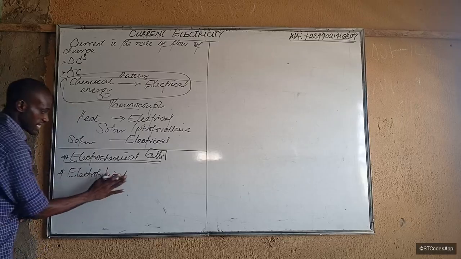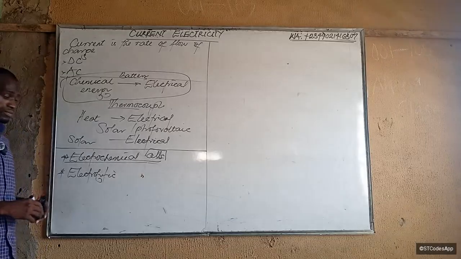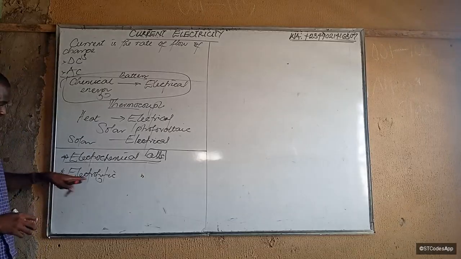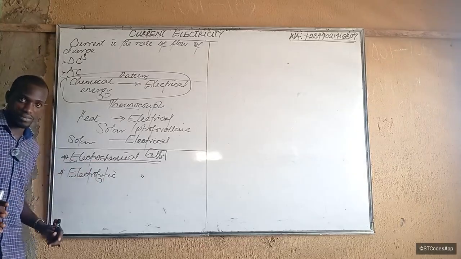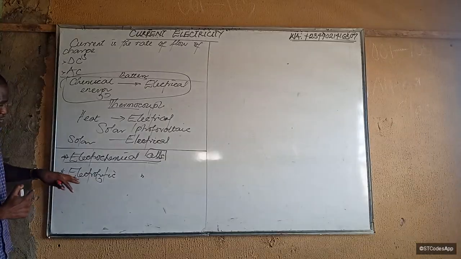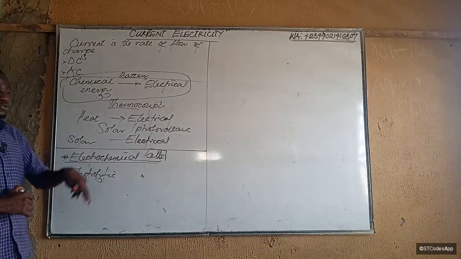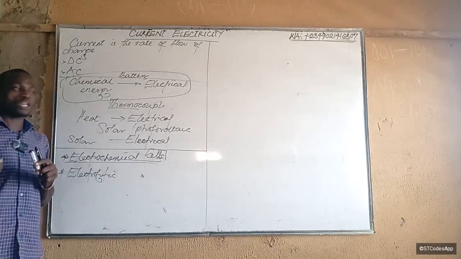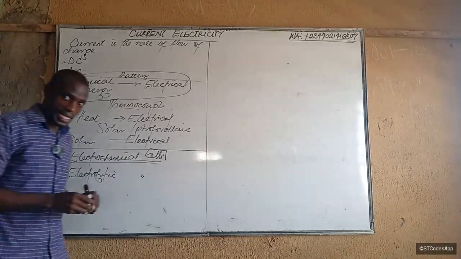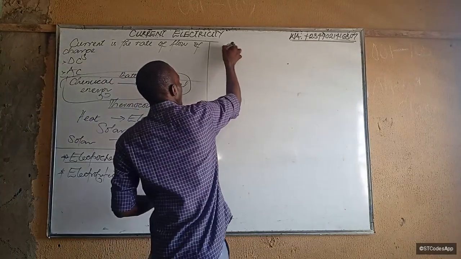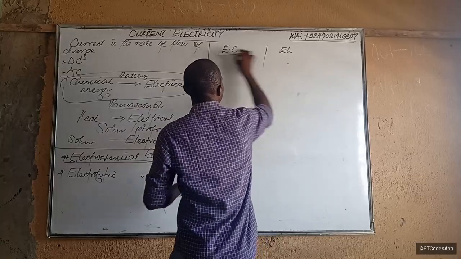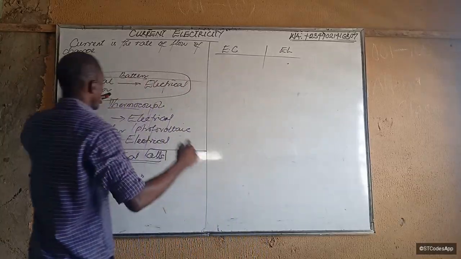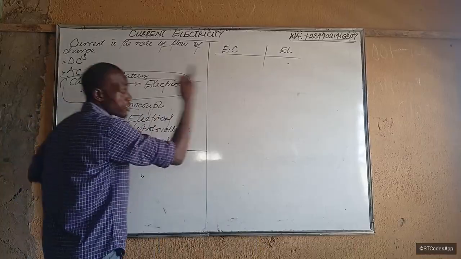The electrolytic cell is one that uses electrical energy to break down. You can already see that we have lysis here. That's breaking down something, so using electricity. But an electrochemical cell is one that uses chemical energy to create electricity. Is that clear? So in the electrochemical cell, there's going to be a conversion from chemical energy to electrical energy.